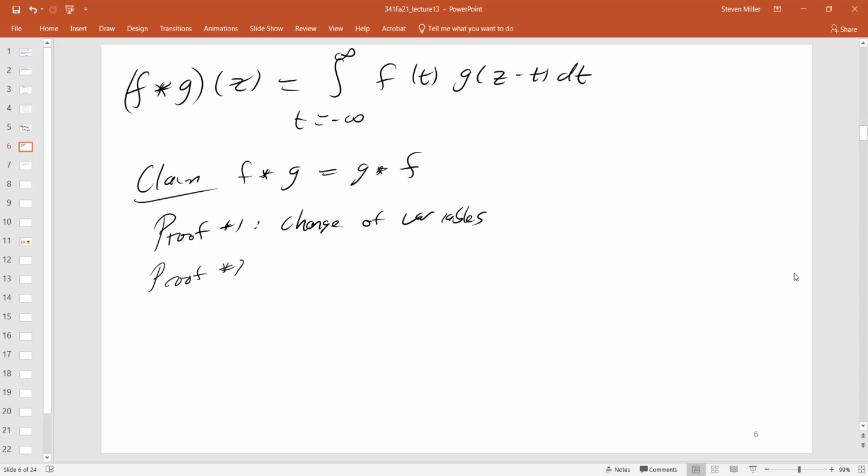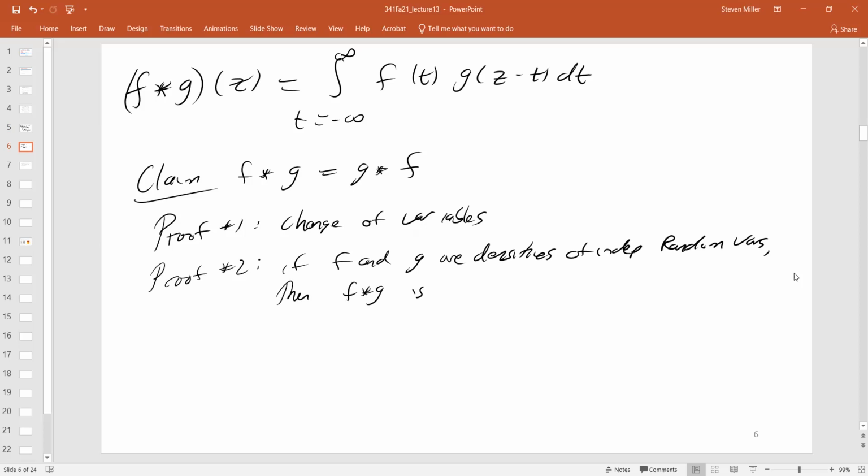Proof number 2, if F and G are densities of independent random variables, then what is F star G? Somebody give me an interpretation of what F star G is if F and G are densities of independent random variables.